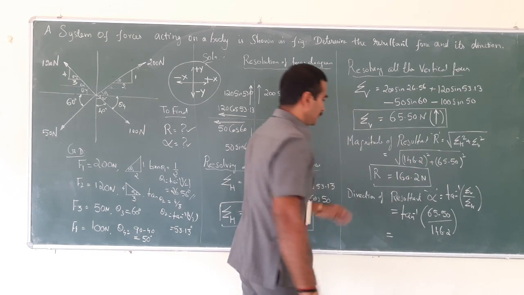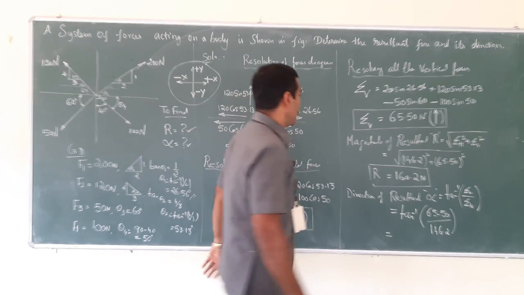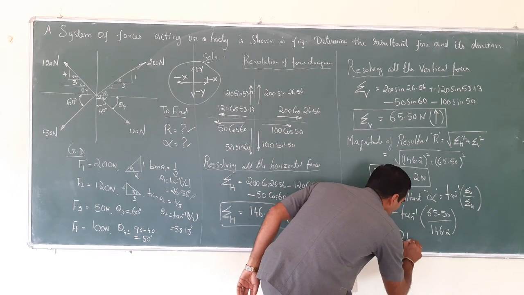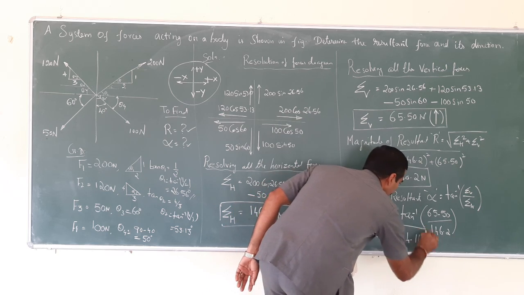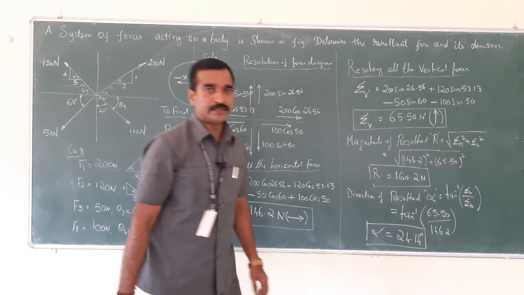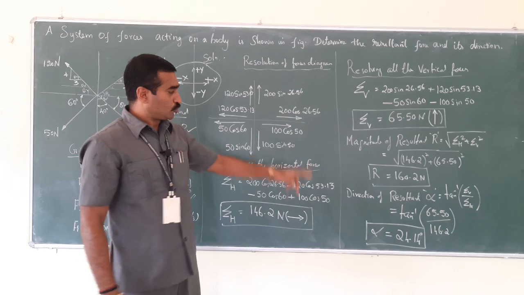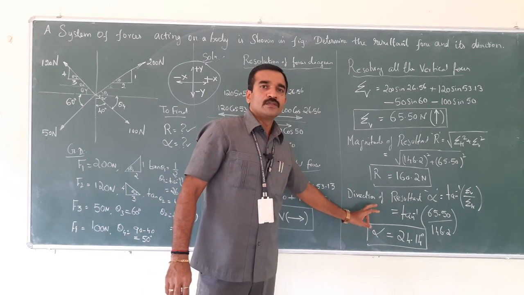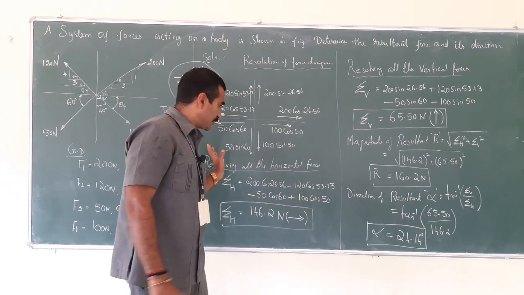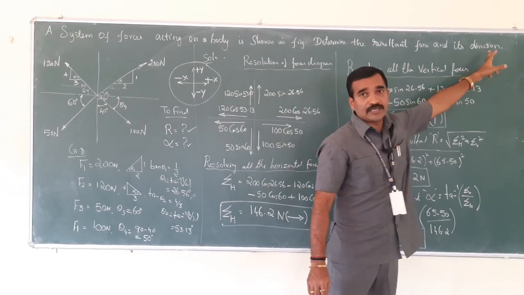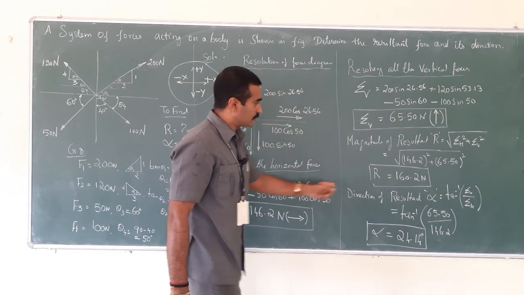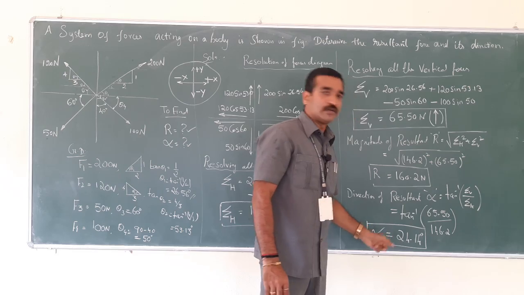You will get the answer in degrees: 24.14 degree alpha value. Right. So these are the two things we need to find from this problem, the resultant and the direction. The resultant value and alpha value have been arrived.